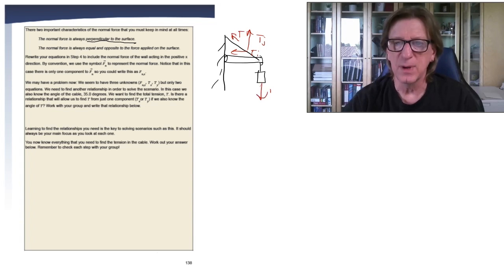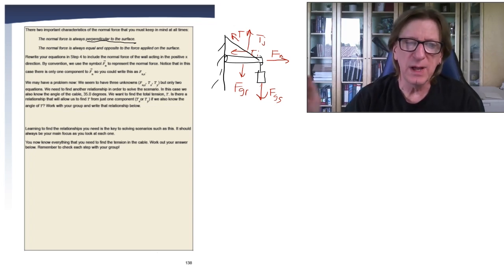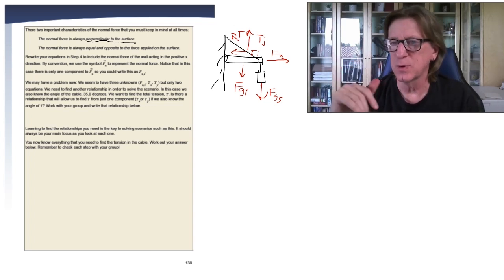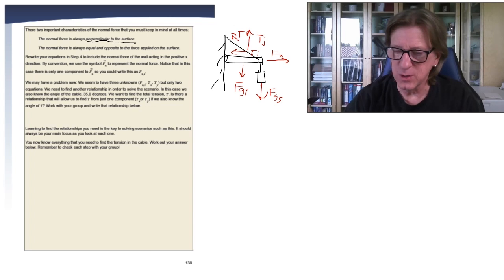I have my F of G sign here, I have my F of G rod here, but then I also have a normal force being applied by the wall. So go back and revise your step 4 equations so that you're including the normal force. Let's do that right quick. Pause the video, make it happen.